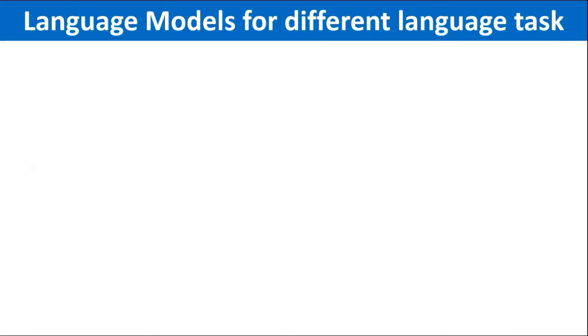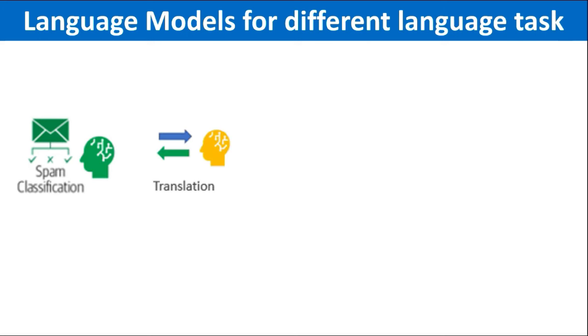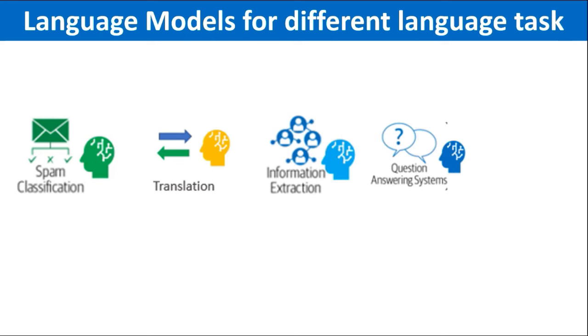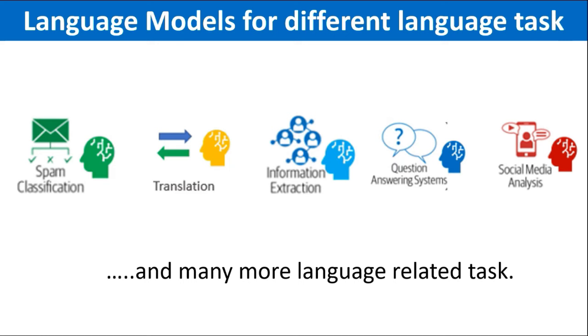Like we pre-trained our language model for spam classification, we can pre-train different language models for different tasks, such as translation, information extraction, question answering systems, social media analysis, and many more language specific tasks.